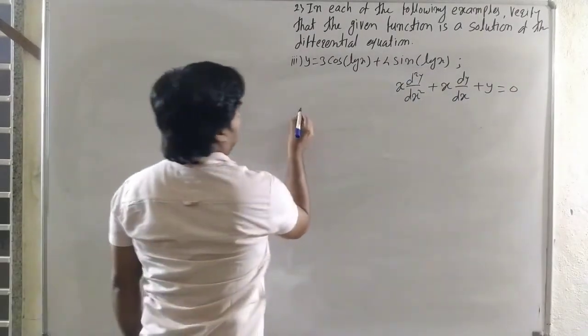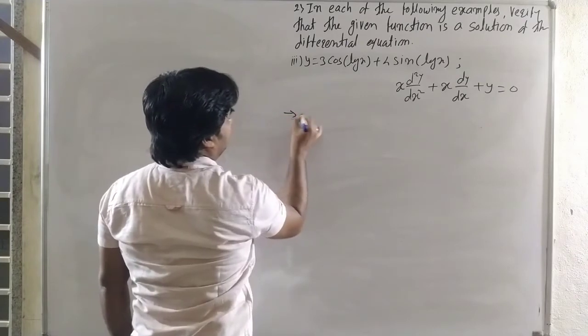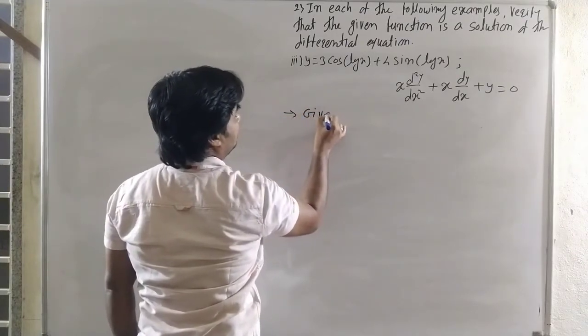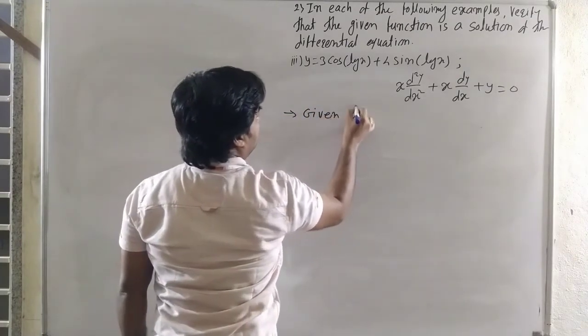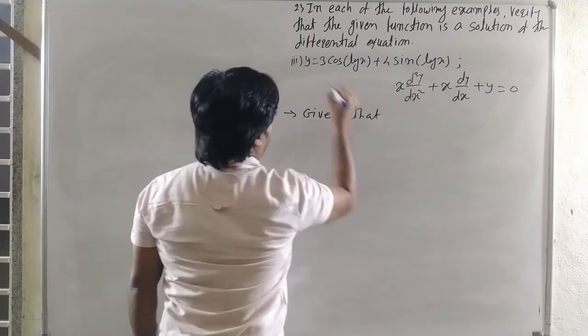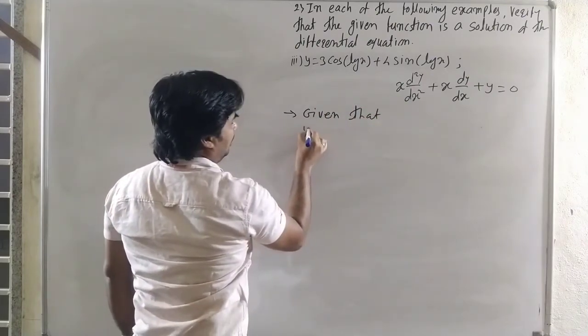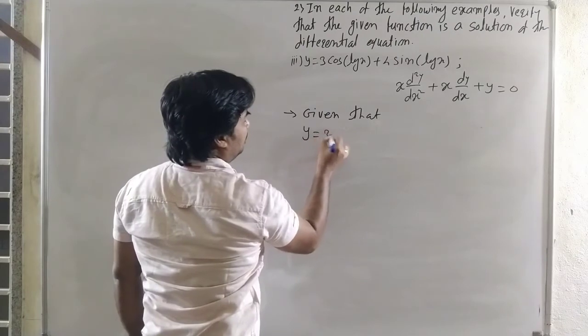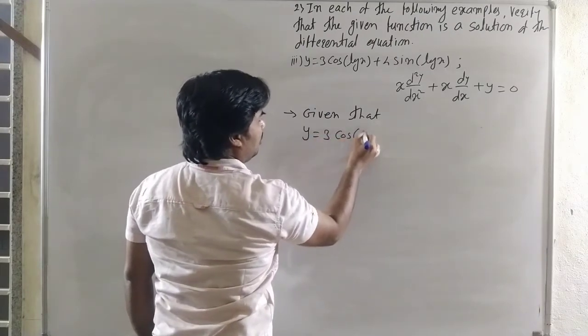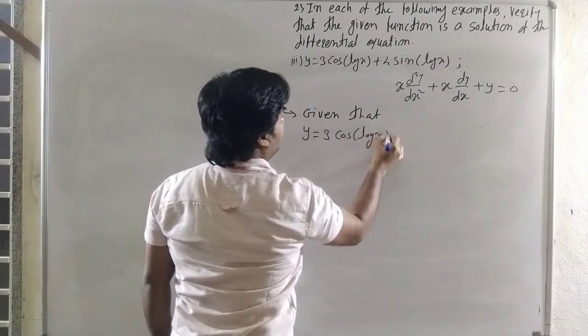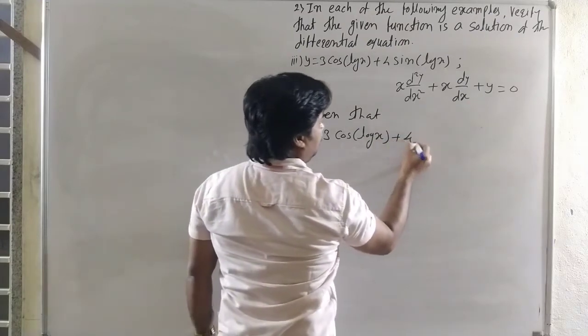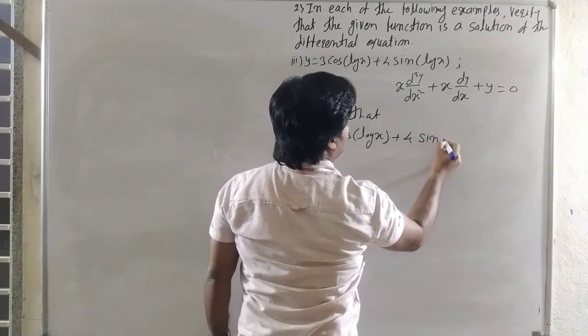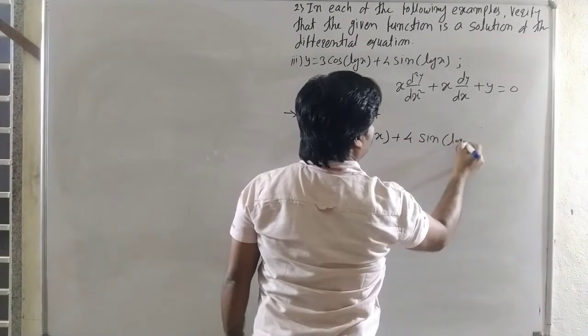Now here the given relation is y is equal to 3 into cos of log x plus 4 into sin of log x.